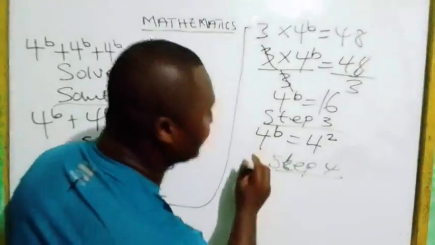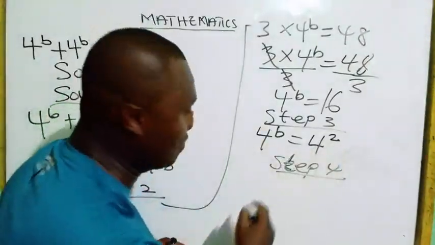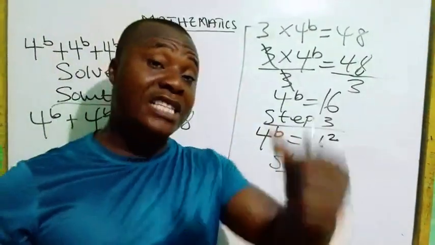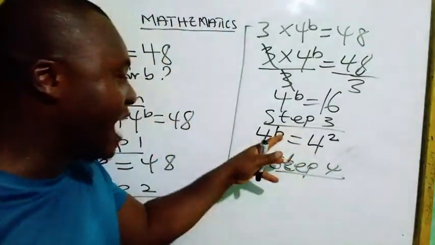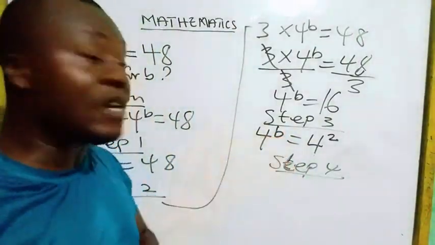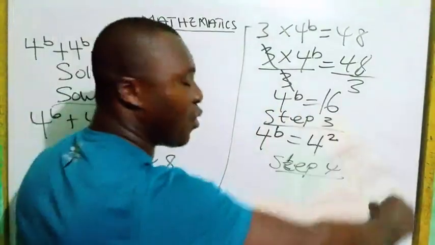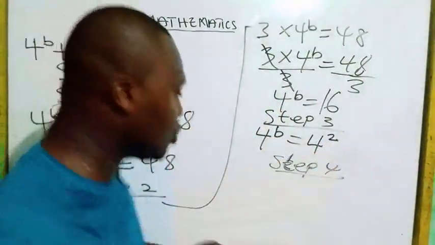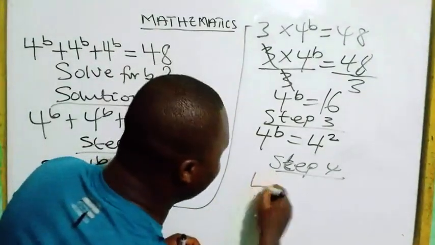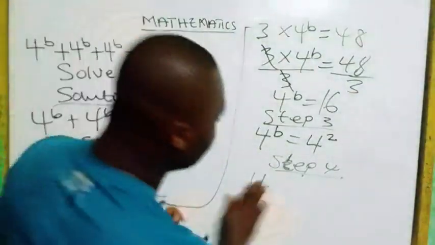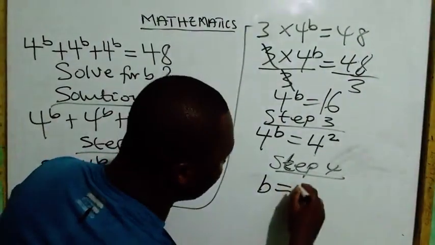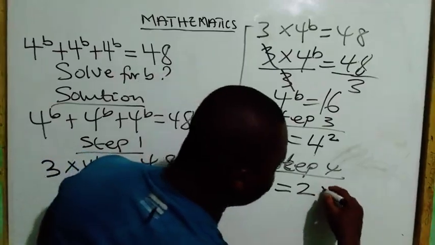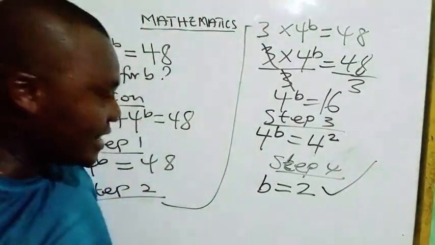Since the bases are the same, when you are dealing with a base and an exponent, you can see most times many will cancel this 4 so that they can have b equal to 2. So now our answer is going to be what? B equal to 2. So this is our final answer.